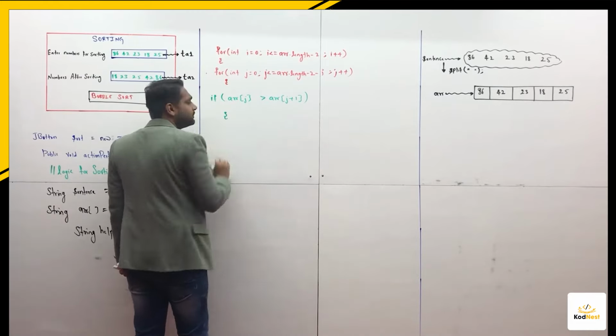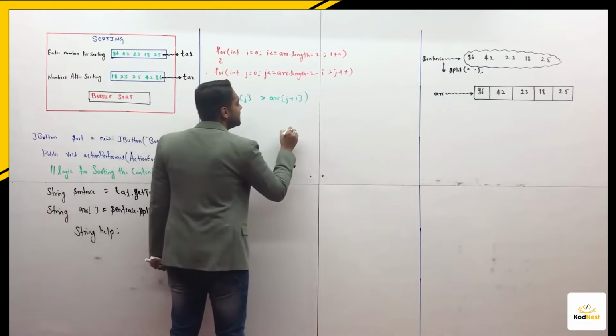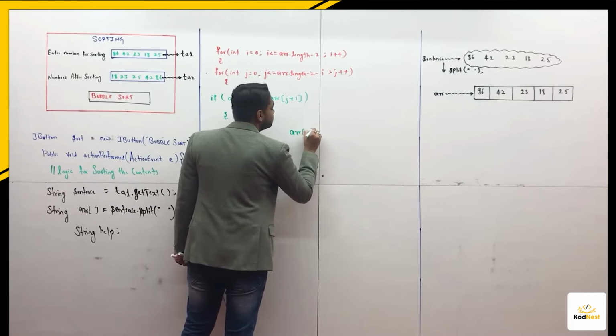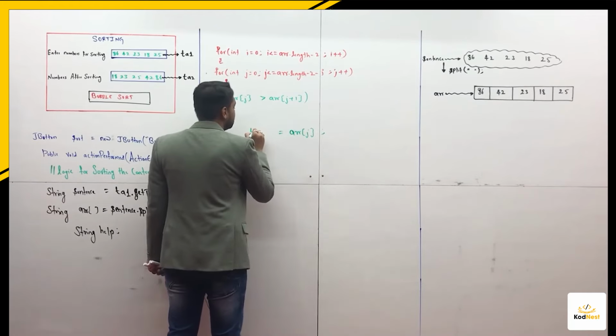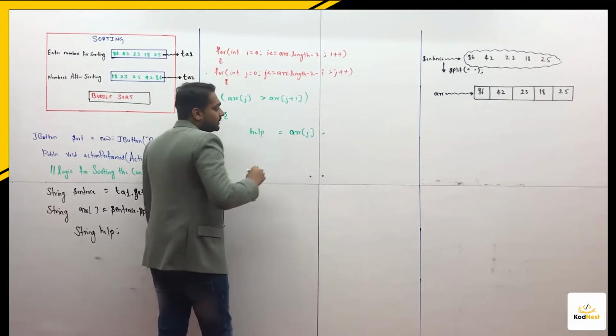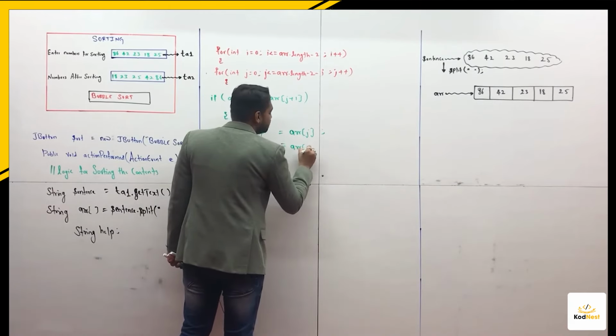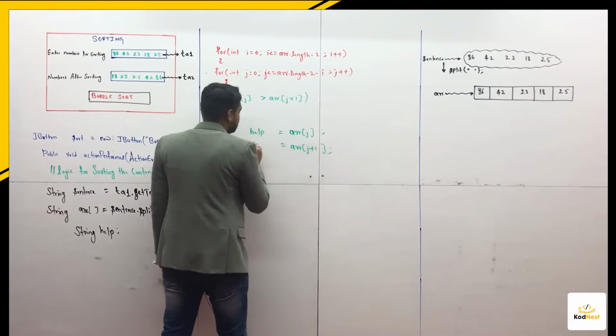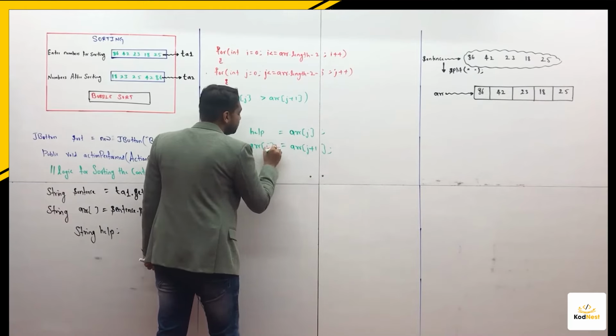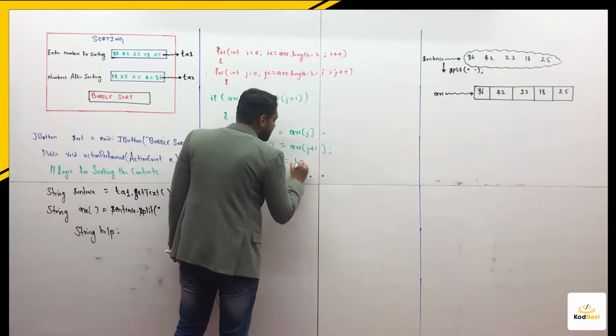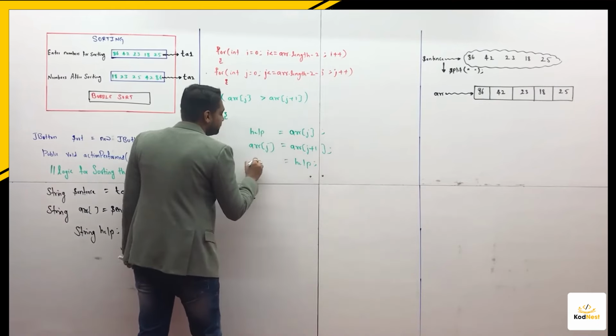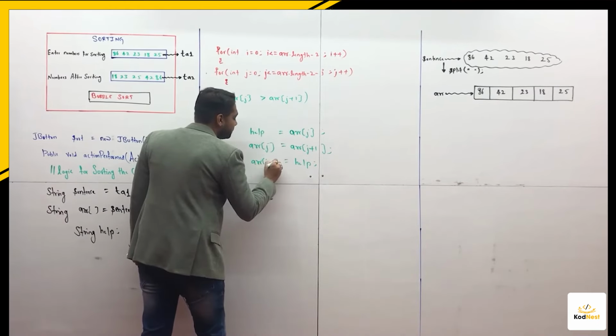Like this. Whatever is in array of j, I give it to the helping variable. Whatever is in array of j plus 1, I give it to array of j. Whatever is in the helping variable, I give it to array of j plus 1.